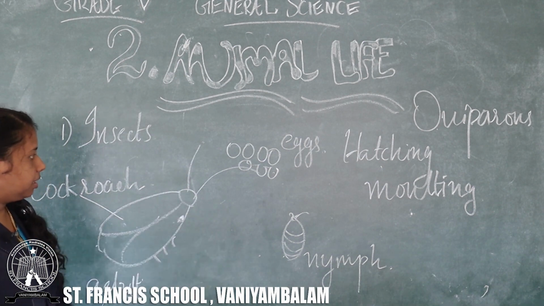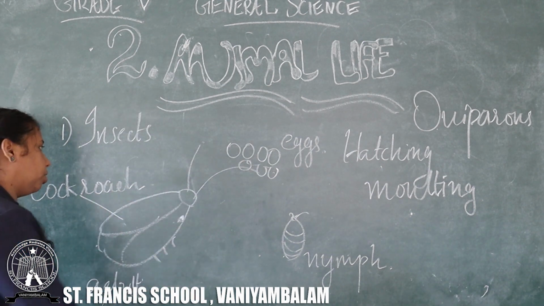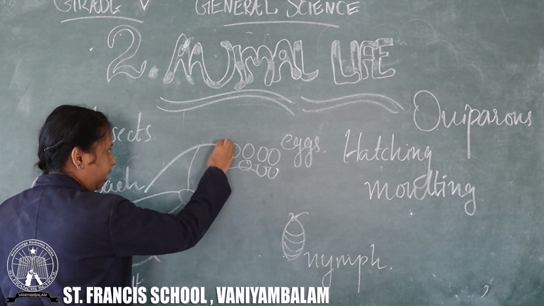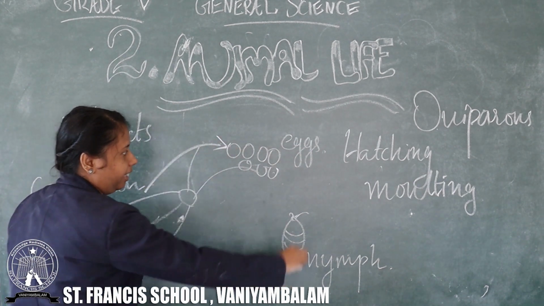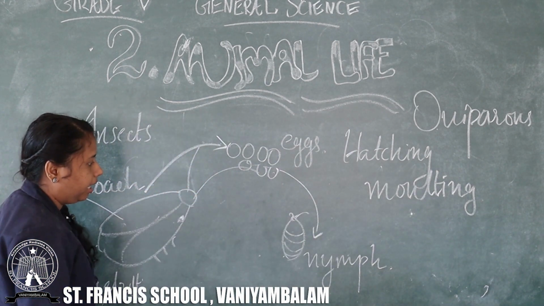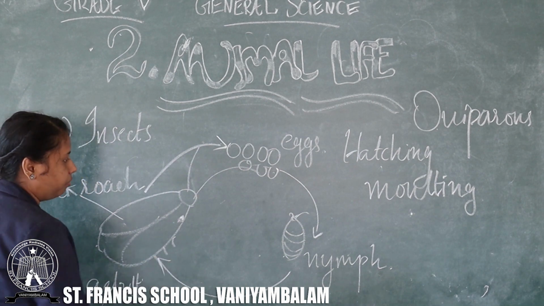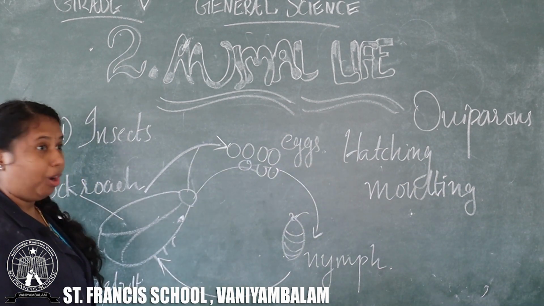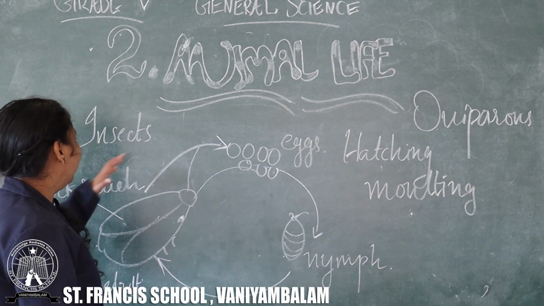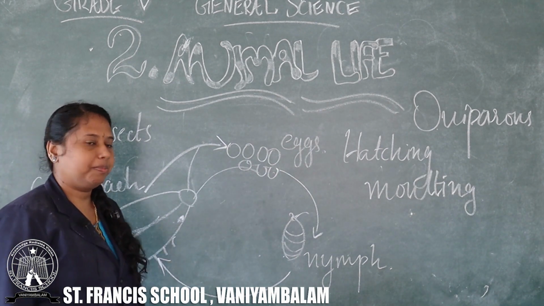So, this is the life cycle of cockroach. First of all, it will lay eggs, then from the eggs the nymph will form, and from the nymph the adult cockroach will form. Wow! Actually this is the life cycle of cockroach.